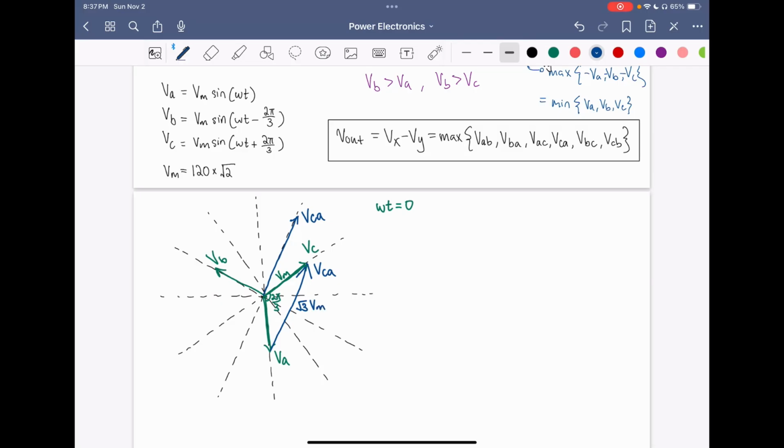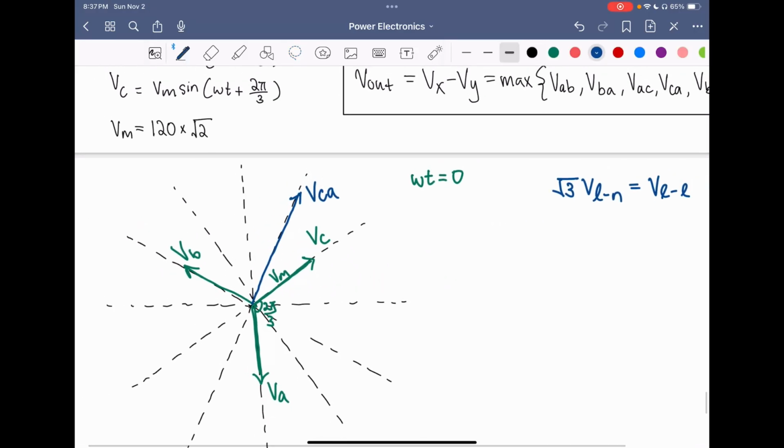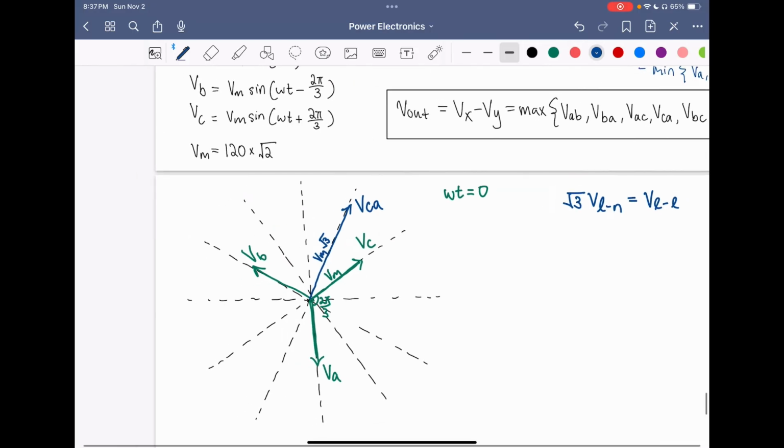So all the line to line values are going to be square root of 3 times the line to neutral values. So I can write an expression like square root of 3 times V line to neutral equals V line to line. All right, so let's continue drawing out the rest of our vectors. So VCA here, we have a magnitude of Vm square root of 3.